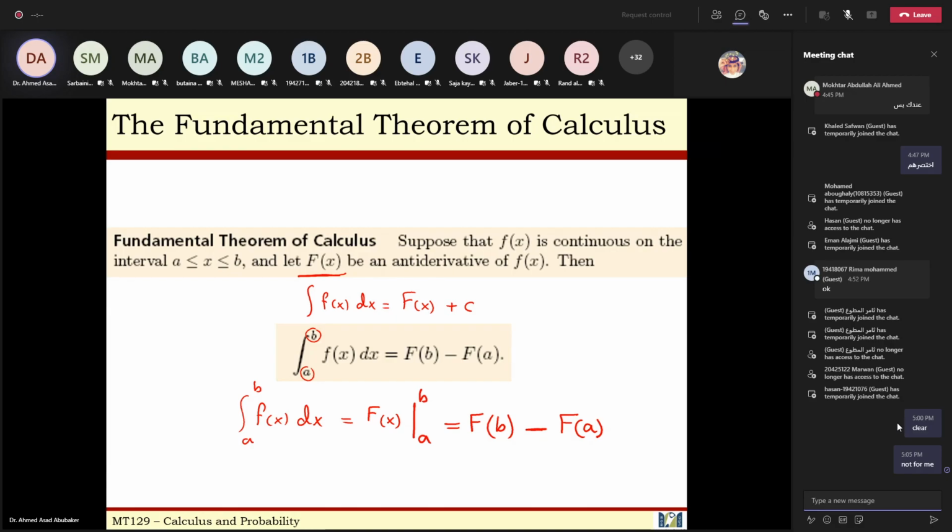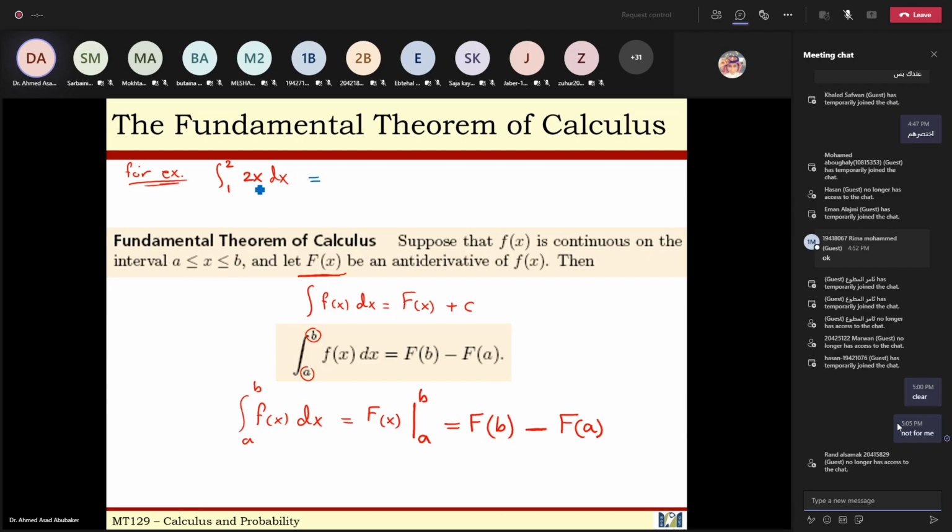Now, an example. For example, if we need to find from 1 to 2 of 2x dx, the result equals, what's the antiderivative of 2x? This is equal to x squared, after simplifying.